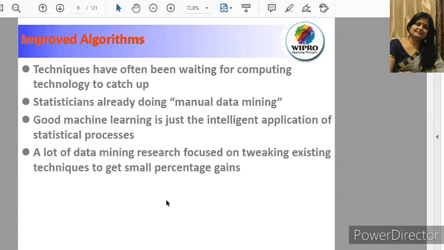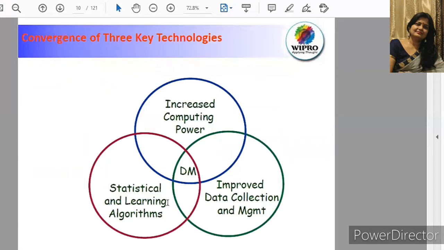Data will never go down, and that is why the need for data mining and machine learning algorithms will always be there. So coming to the three key technologies, these are slides from the Wipro company, because Wipro is an industry which is highly working on data mining and machine learning algorithms.